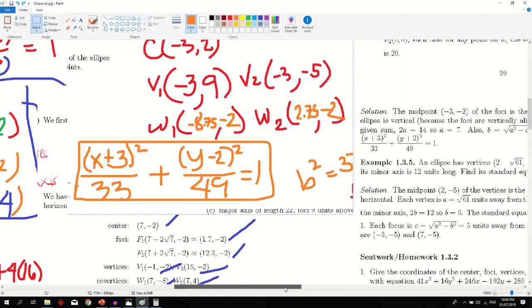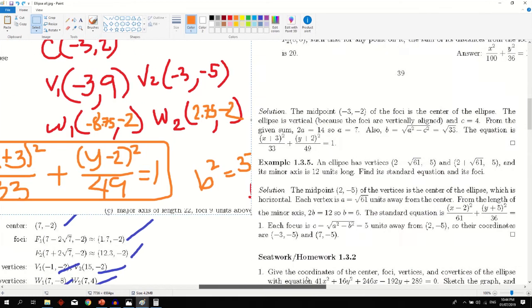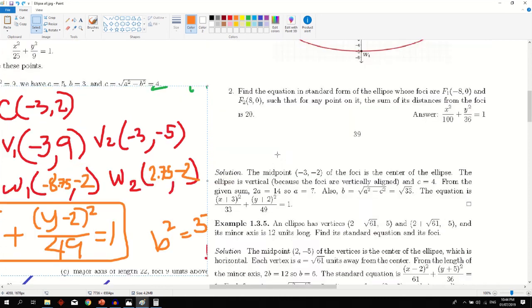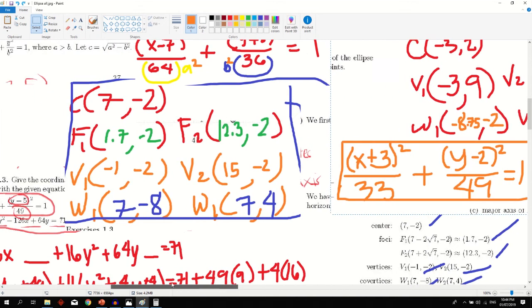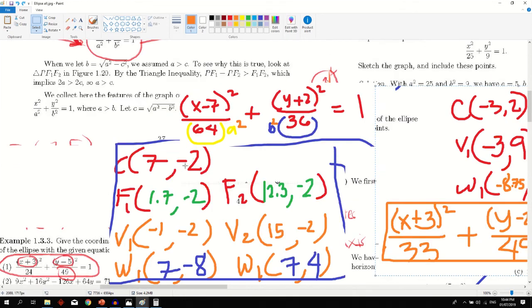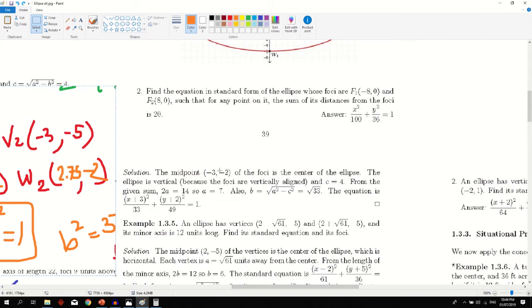We solved the center, we solved the, oh, their midpoint is different. How come it is negative 2? The center is correct. So, okay, we will check their answer.